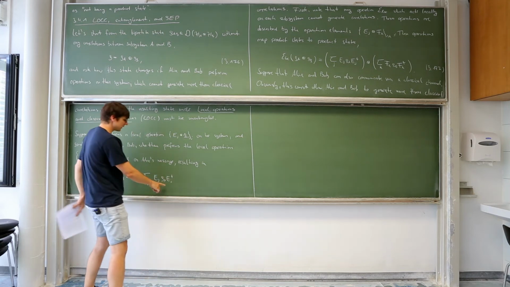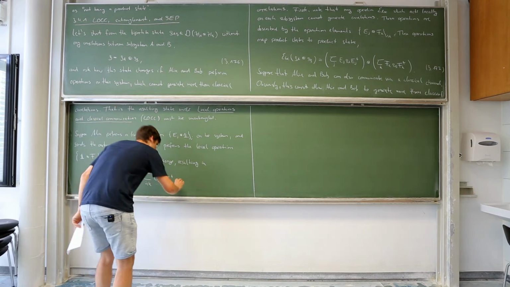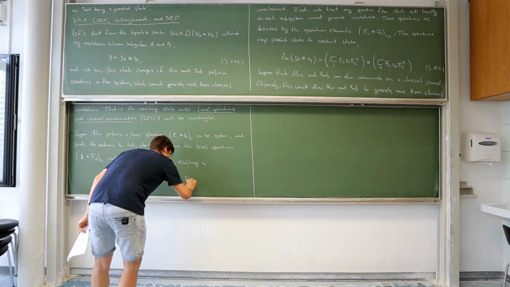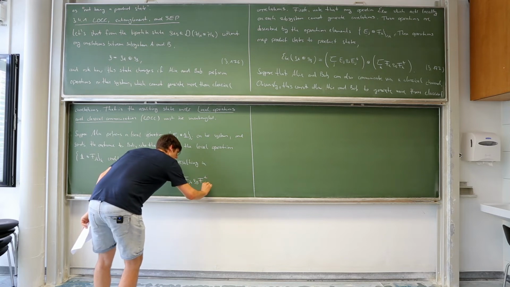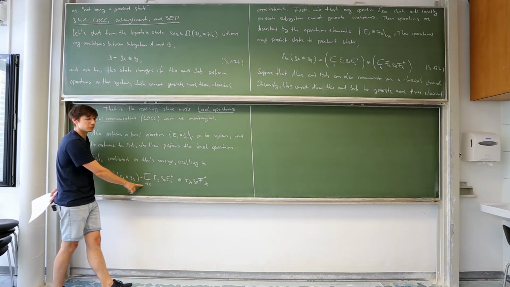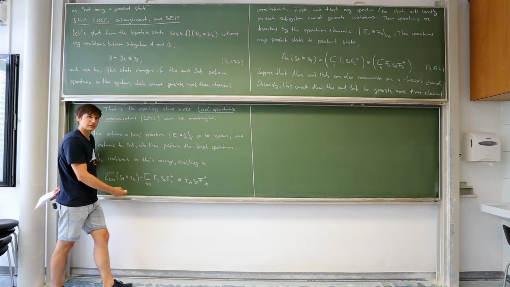So first Alice performs this operation, which is described by these operation elements E_J, right? And then she communicates the result with Bob, who then performs the operation F_JK on his system. And now note that this is dependent on the outcome of Alice, right? So with this, we have now introduced some classical correlations. So this cannot be written as a product state anymore, because we now have classical correlations.